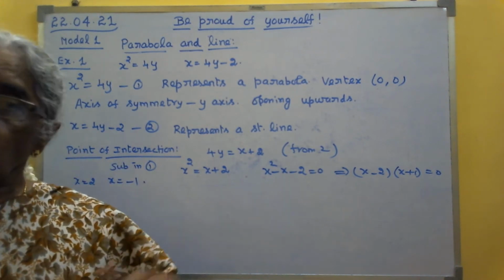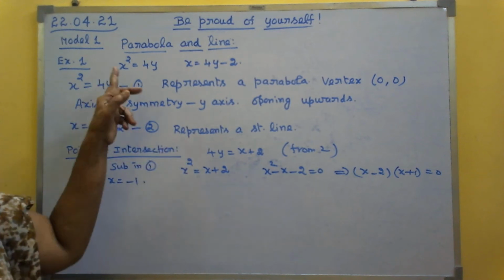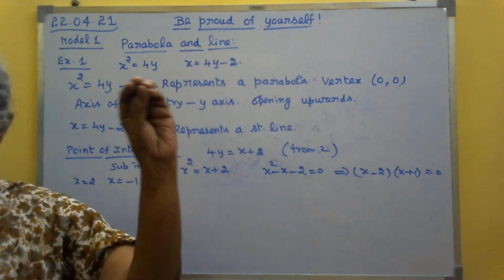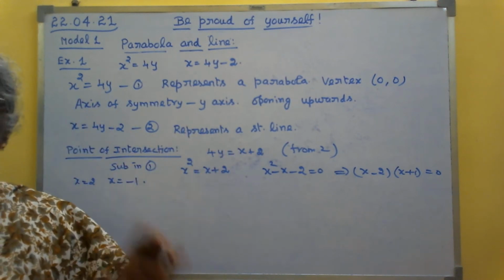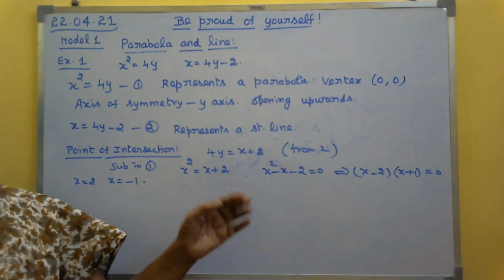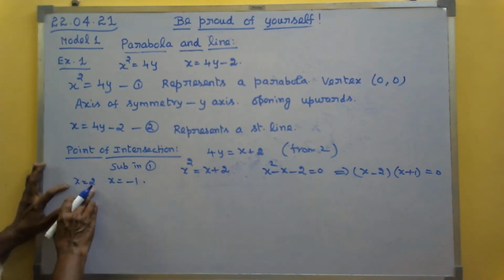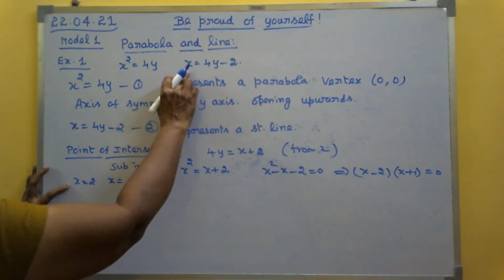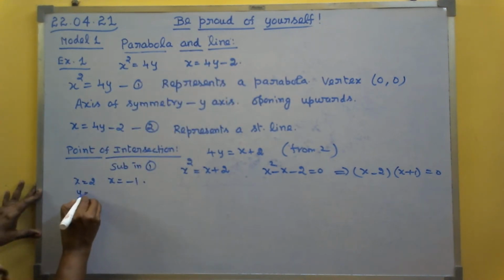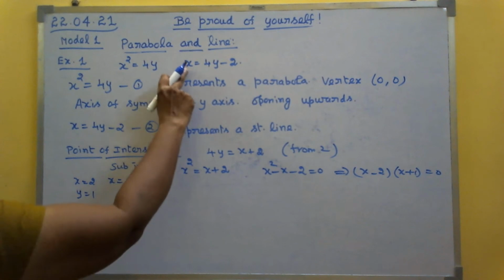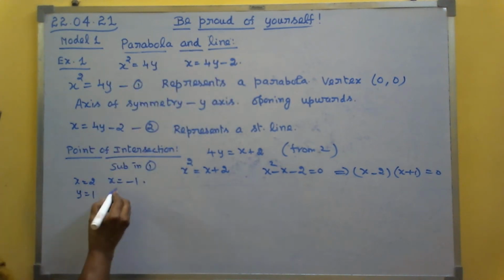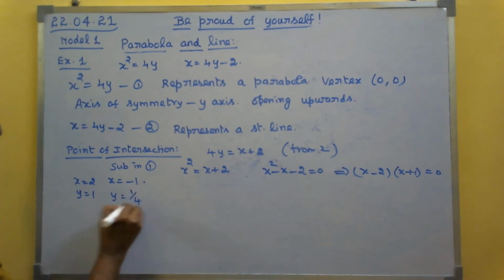Fine. Now to find y. This is a quadratic in x and this is a linear equation. Whenever you have a linear one, always substitute in the straight line equation to find the value of the other variable. Now if you put x is equal to 2, 4y will be 2 plus 2, which is 4, so your y will be 1. If you put x is equal to minus 1, 4y will be 2 minus 1, which is 1, so your y will be 1 by 4.